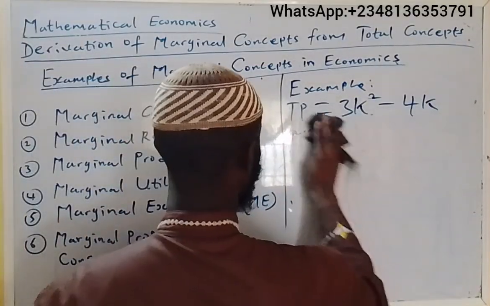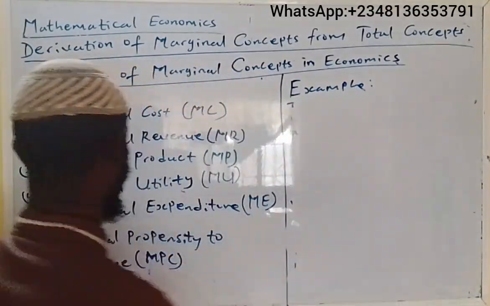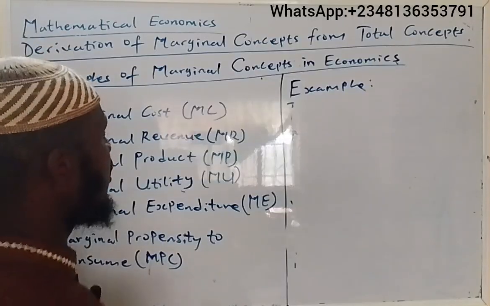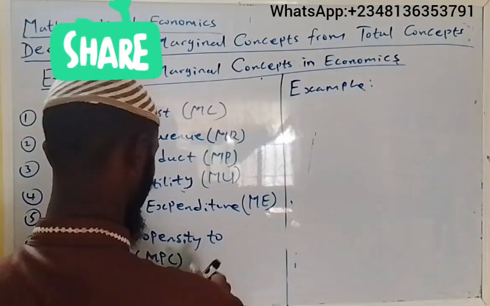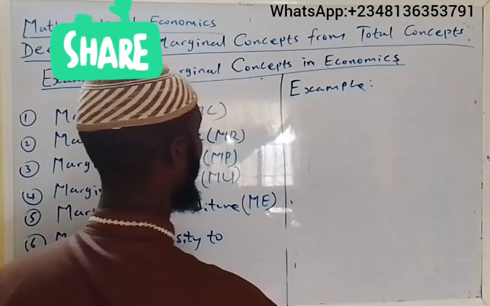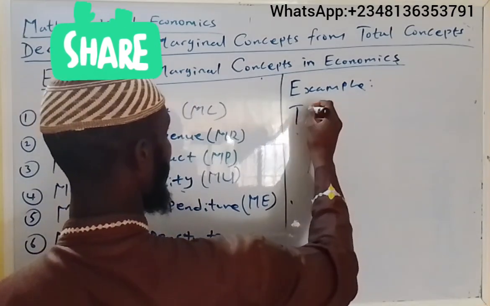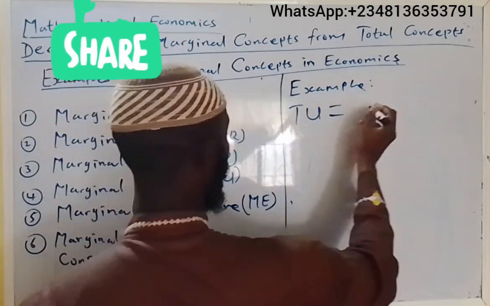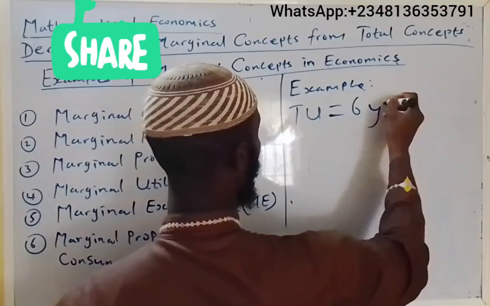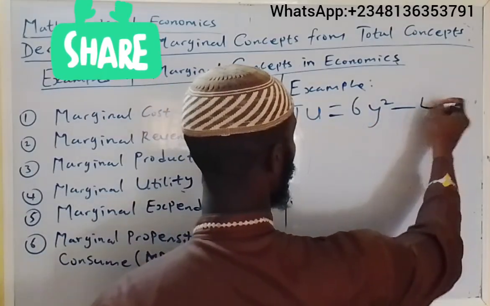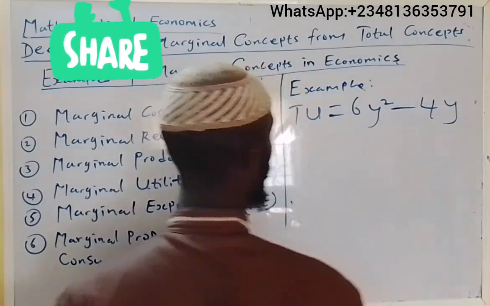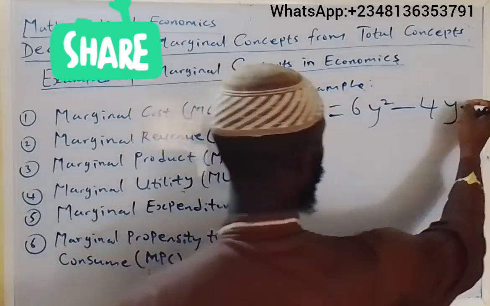Okay. Now, moving to marginal utility. Let's say we have our total utility function as, let's say, 6y squared minus 4y plus 10.